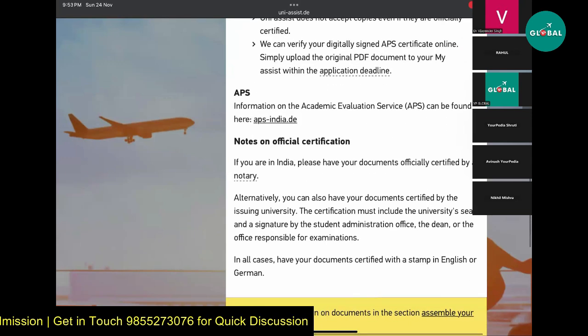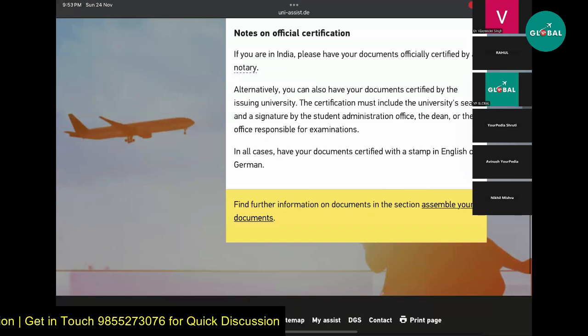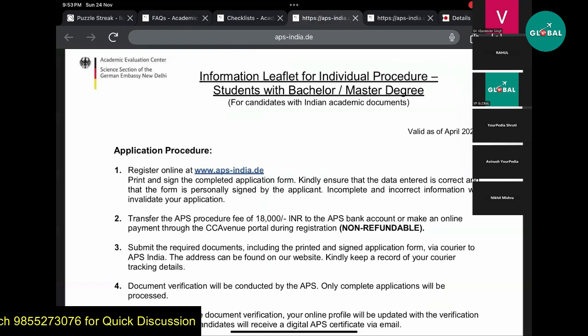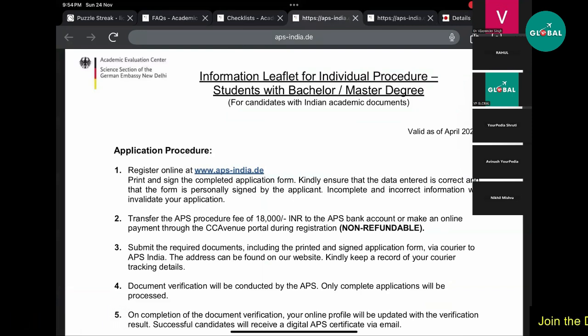And I think, Ankit, these APS requirements have been made mandatory now. Has this happened in the last some time, or was it there earlier too? I think last year they started the APS certification requirement. There were a lot of confusions and students have no idea about APS.